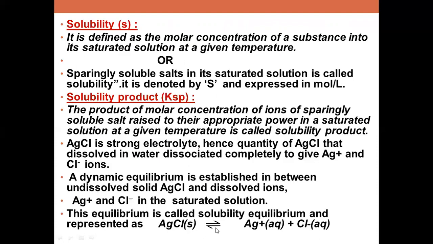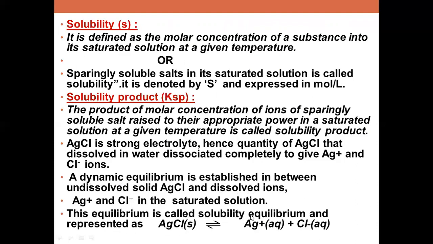Dynamic equilibrium means it is reversible, so the forward as well as backward arrow is represented there. Therefore a dynamic equilibrium is established between undissociated solid AgCl and dissolved ions, that means the ionic form of AgCl.